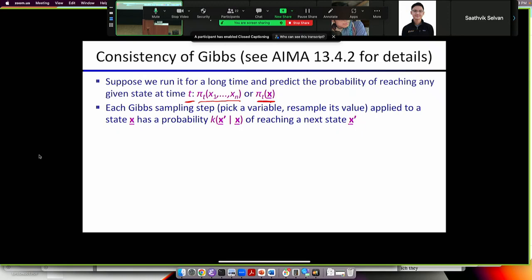So whatever that process is, we'll call that the kernel K. And so given the state x that we start with, there's some probability of reaching a state x prime. And because of the way Gibbs sampling works, those x primes are all adjacent in the hypercube, because you're only changing one variable. And so you're either going to get back to the state you were, or you're going to change it to the other value.